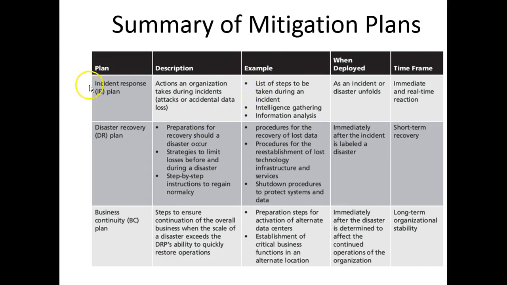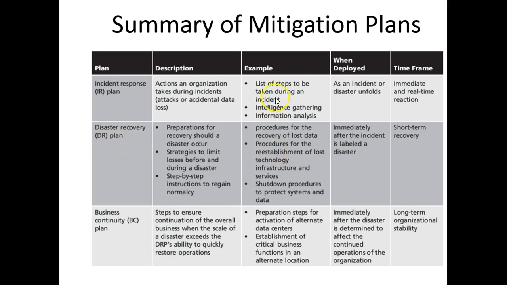For example, for the incident response team, in terms of an attack that can happen, or maybe a disaster all of a sudden, some examples could be a list of steps to be taken during an incident, what the company needs to do, and also gathering some intelligence about that attack and analyzing the information to find out how you can control it.